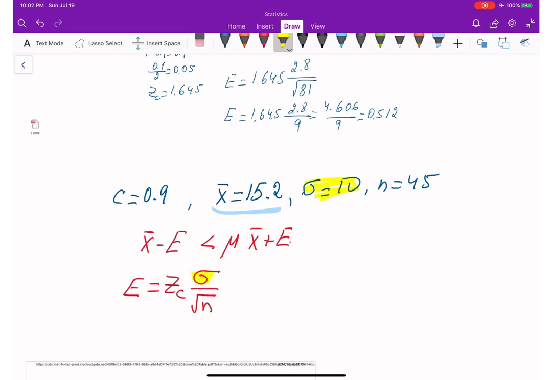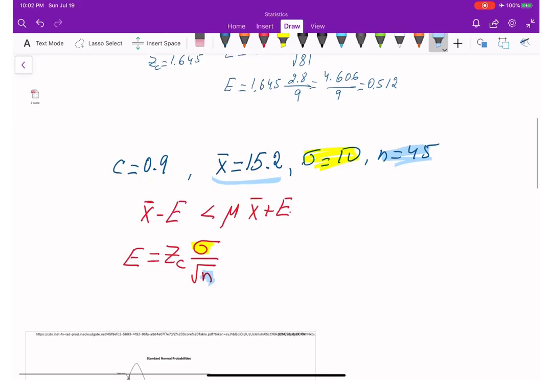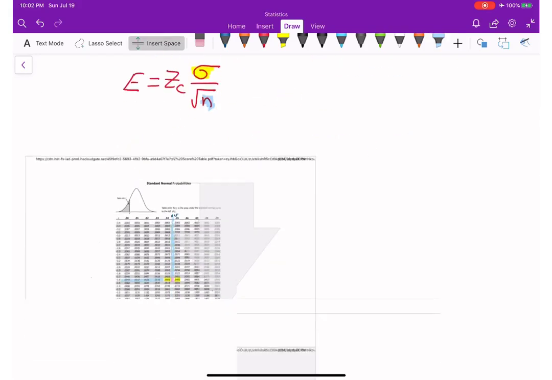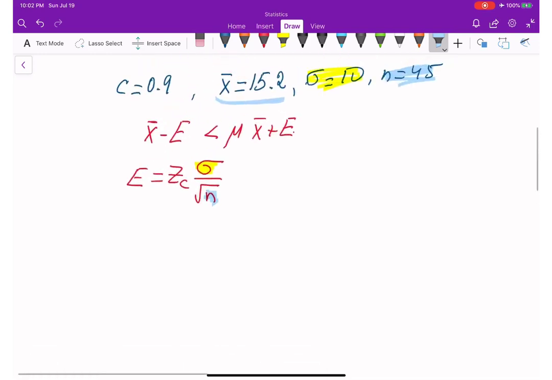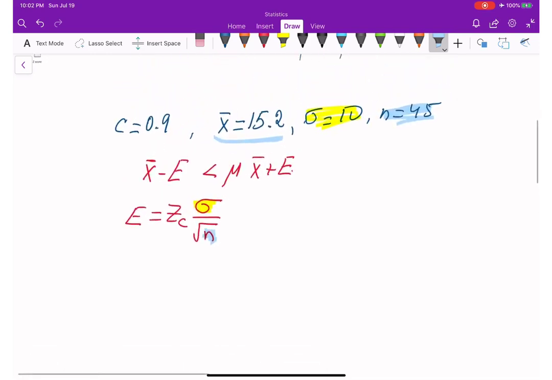We have n, it's given. So all we need to find is z critical. Once we have z critical, we can find margin of error, and once we have margin of error we can find the interval for the population mean.